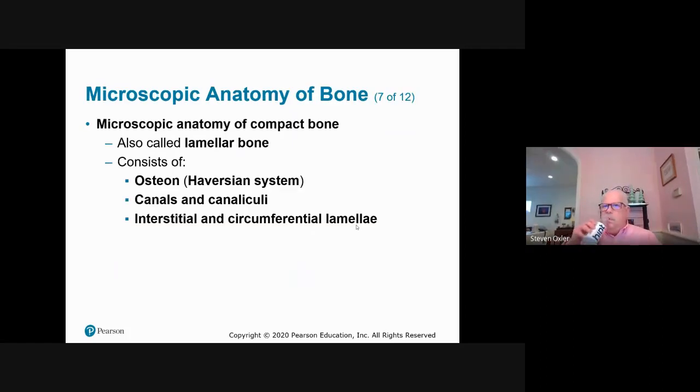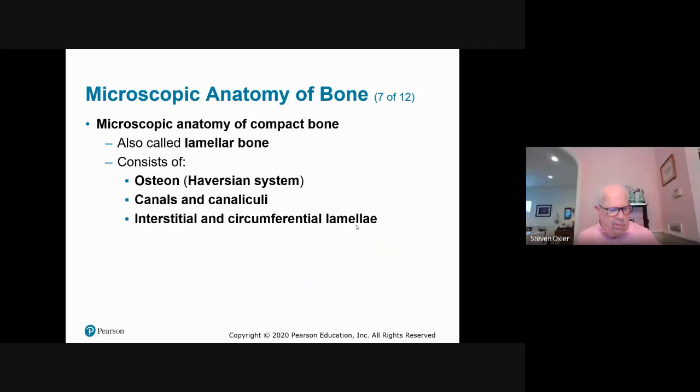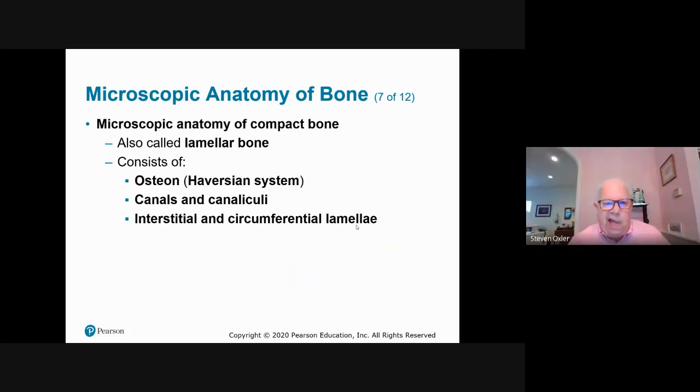Any questions on that so far? Good. I had a question from earlier. Go ahead. What exactly does happen to the bone when blood supply is cut off? Does it become more brittle, or does it just die eventually, the cells? It dies. It becomes brittle and dies.